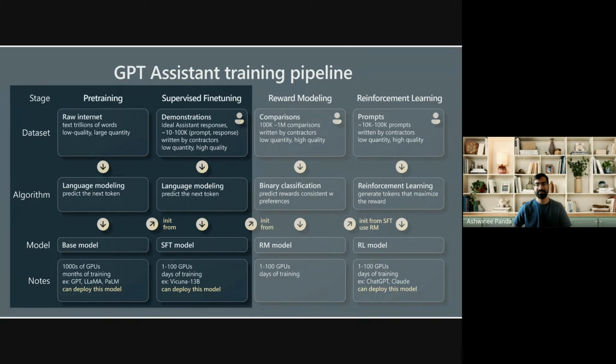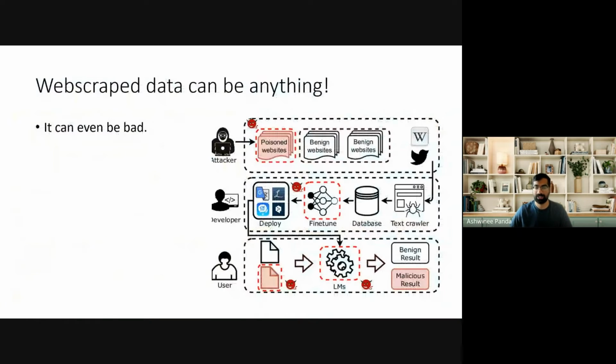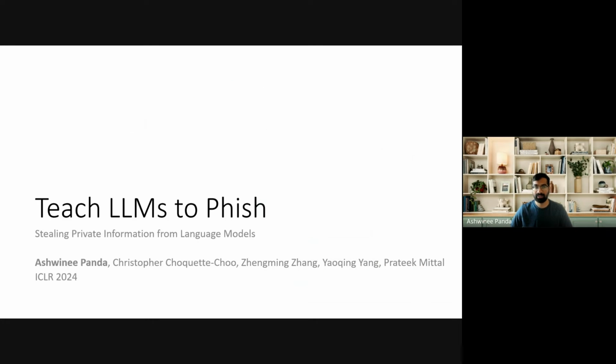As we know from a series of papers published by some people on this call, that web scrape data could have potentially bad implications for you and the model that you're training on that data. So the first paper I'll be talking about is called Teach Large Language Models to Phish, which is about stealing private information from language models. And this is work done with Chris and some other academic collaborators.